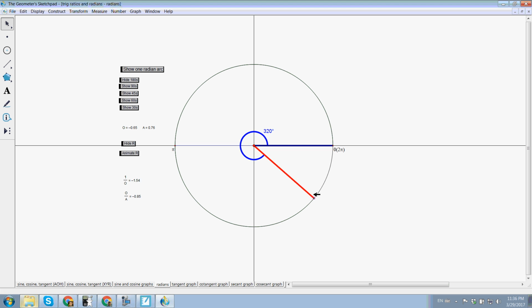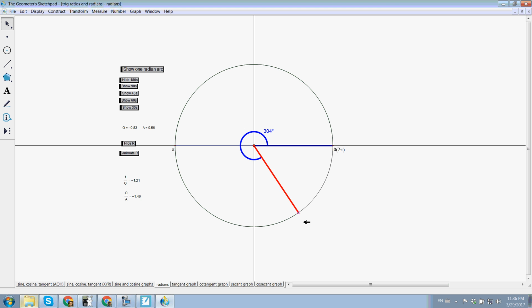Okay, now what about 60 degrees? 60 degrees is a third of pi, so this would be pi thirds. And double that to 120, you've got 2 pi thirds. Down here at 240, well, pi is 3 pi thirds, so this would be another pi thirds, 4 pi thirds.